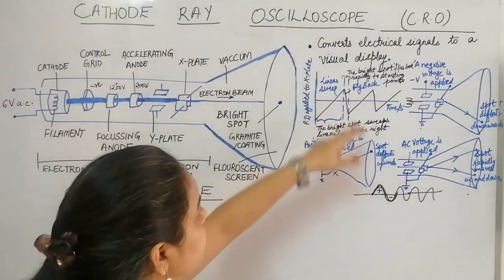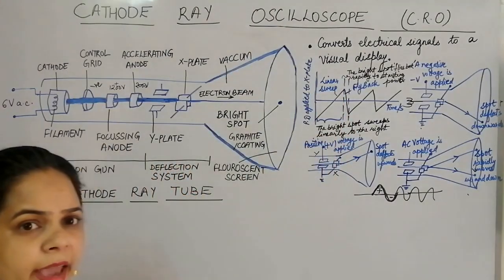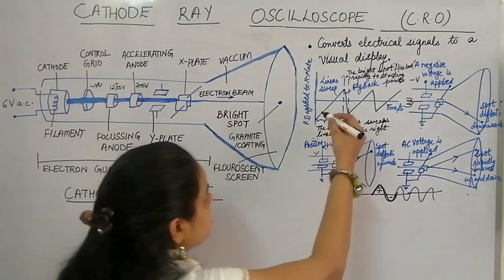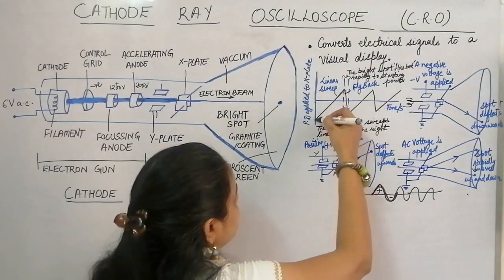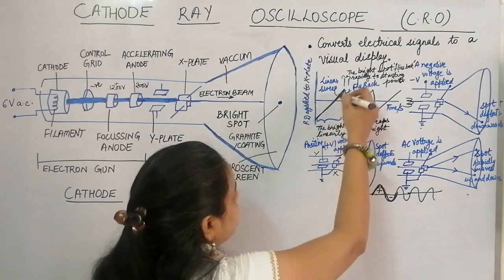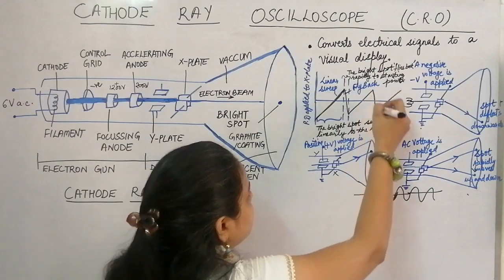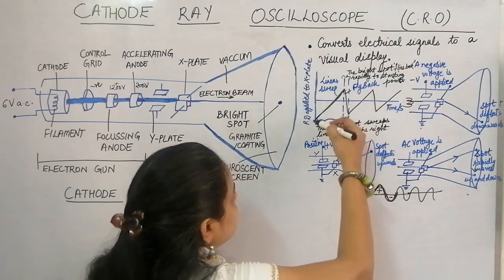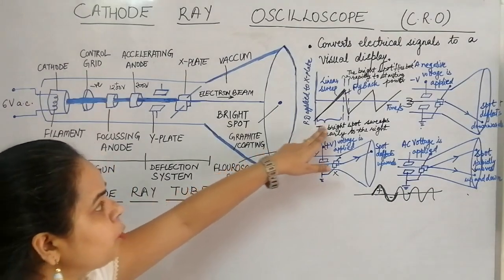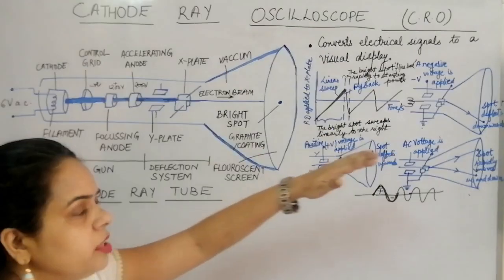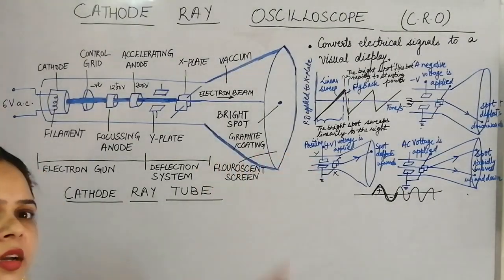So here, as we can see, if we apply the potential difference to the X plate, the spot will be moving left and right. When a positive voltage is applied, it starts increasing, then it starts decreasing, then again it increases, then decreases. So there is a linear sweep. It means that the bright spot is sweeping linearly to the right.